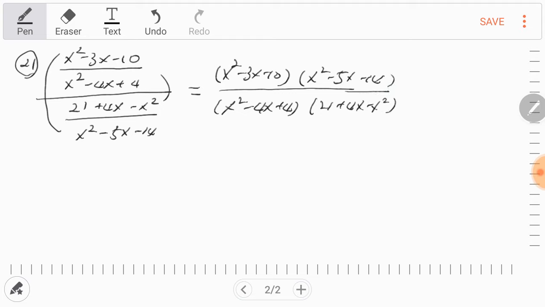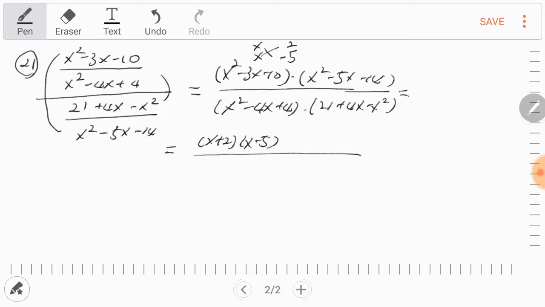Okay, and then let's factor each trinomial, each part. So this one is x times x, 10 is 2 times 5, and we have to put the negative sign, so -5. So the sum is -3x. So this is x plus 2, x minus 5.